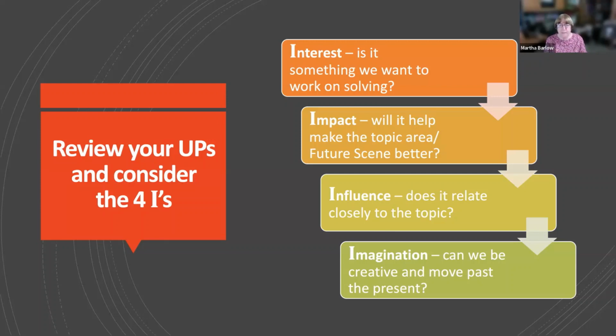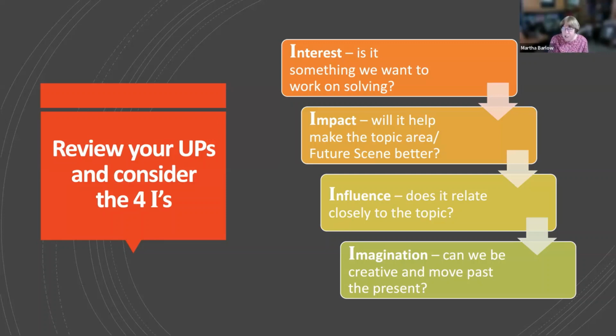The other I is impact. If we accomplish this, what's going to be better in the future scene? If you go back to that example where using the consequence was like, how might we help make sure people do their jobs? And you ask, well, how is that going to help the future scene? There really wasn't anything in that future scene where people weren't doing their jobs.